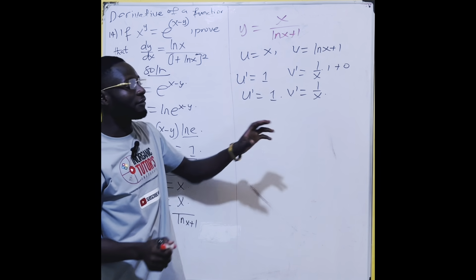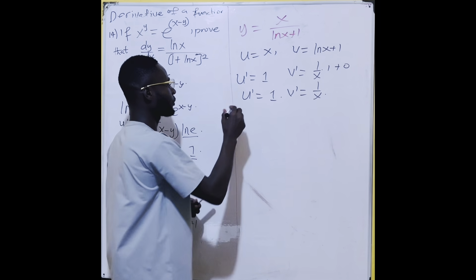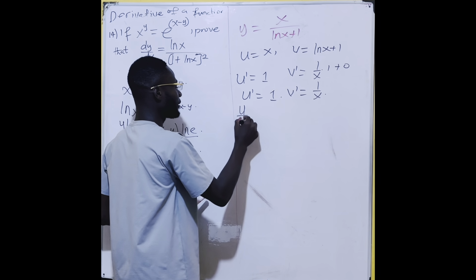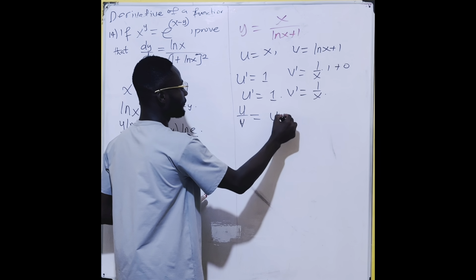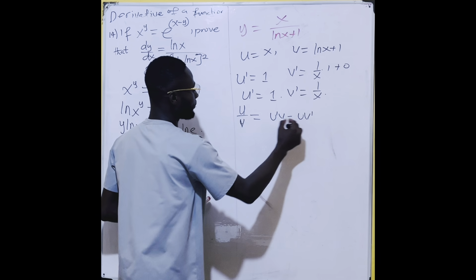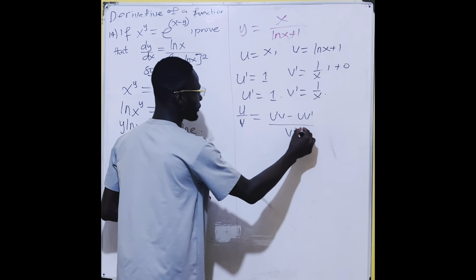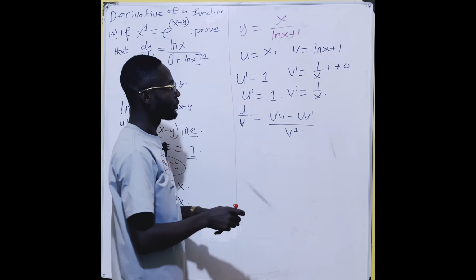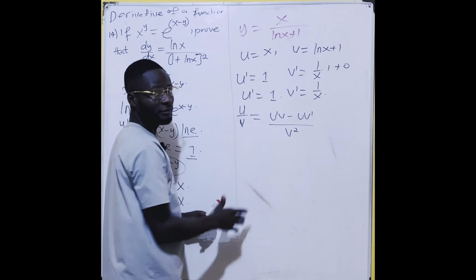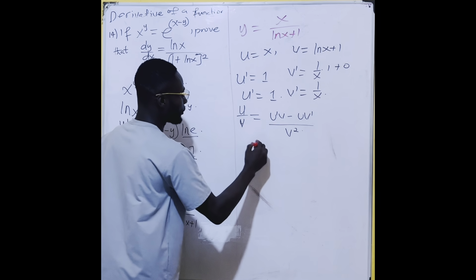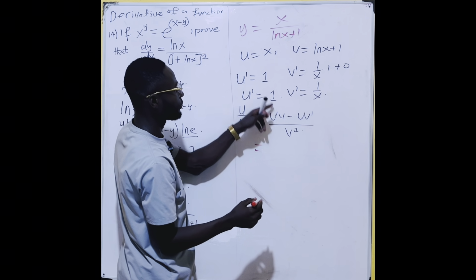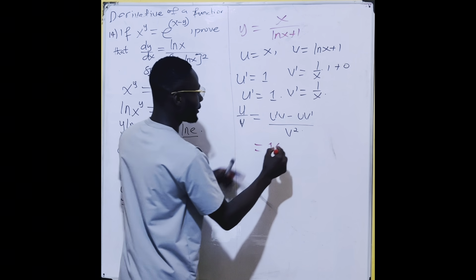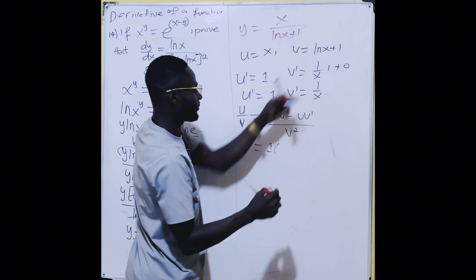So we just have to apply the formula, which is u on v equals u prime v minus u v prime divided by v squared, right? So we are going to substitute them, then we simplify. So we're going to have u prime, which is 1, and v is ln x plus 1.